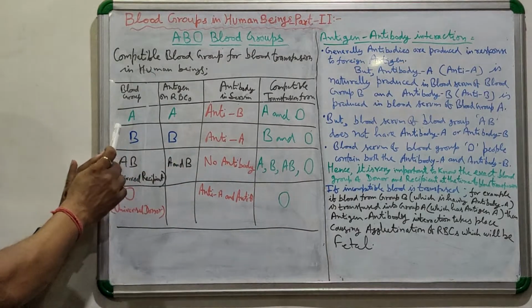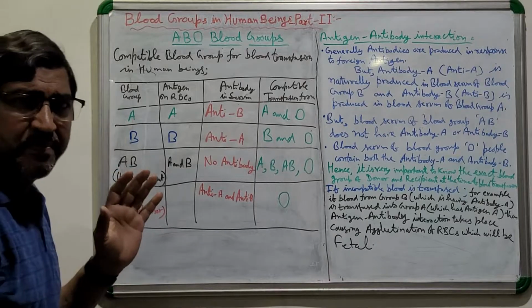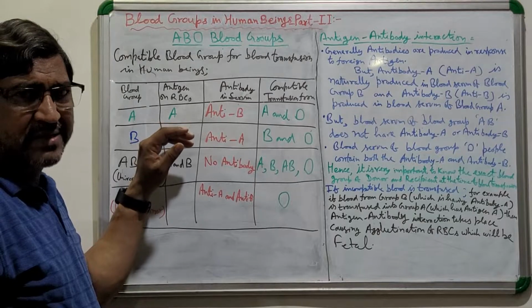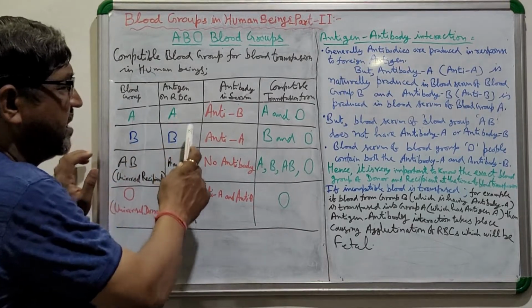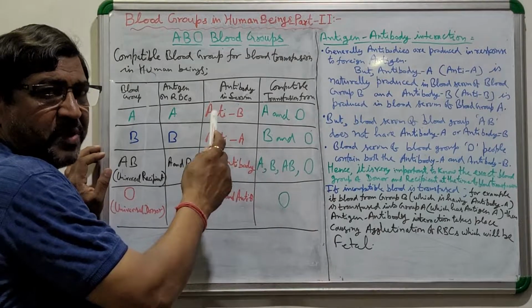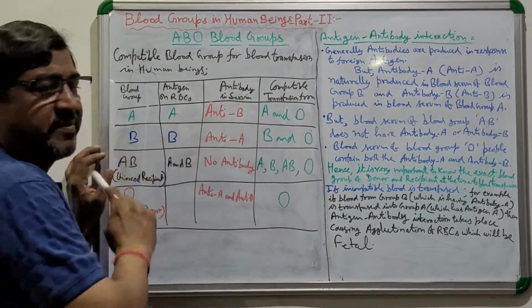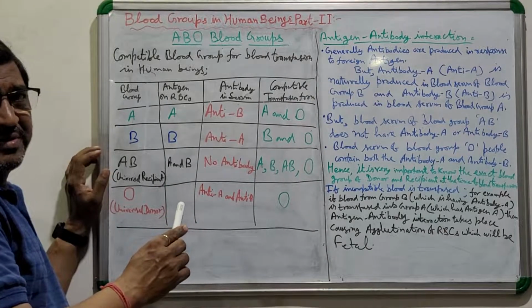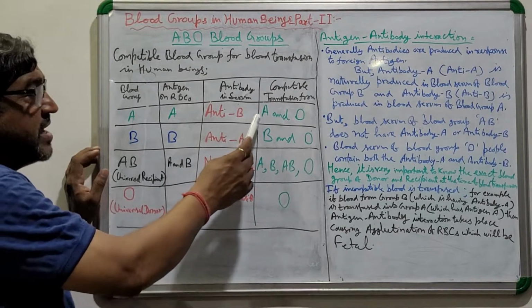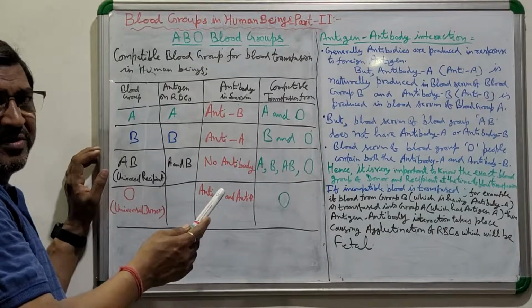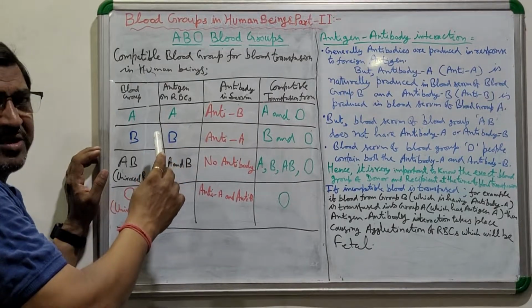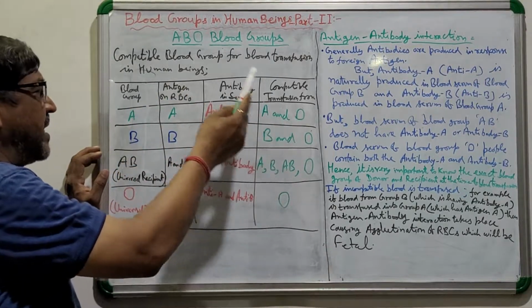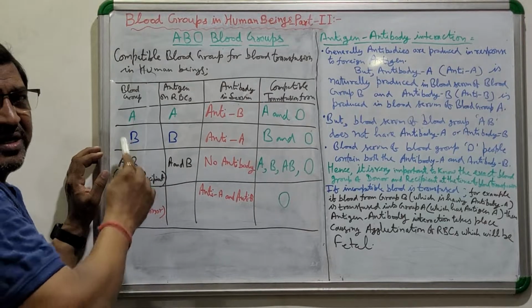If a person is having blood group A, of course he is having on his red blood cells the antigen A. Of course in his blood serum he is having antibody B. So he can receive blood from only A, which is compatible. A blood group he can receive, or theoretically O blood can also be transfused in A blood group people.